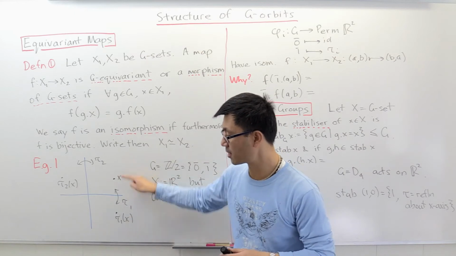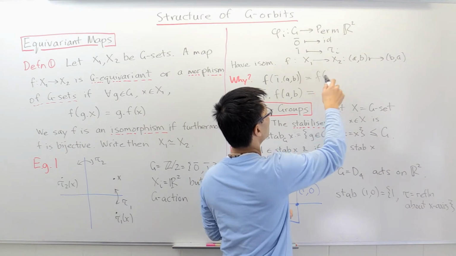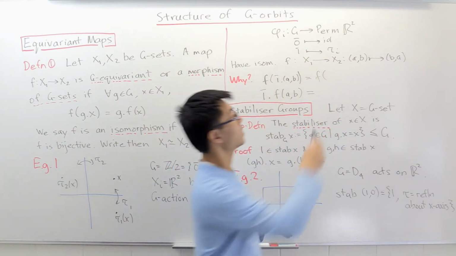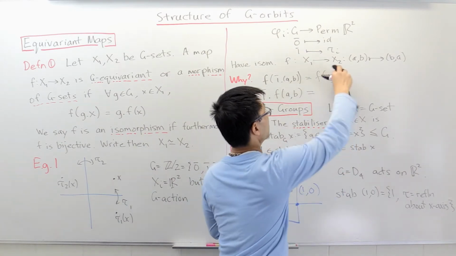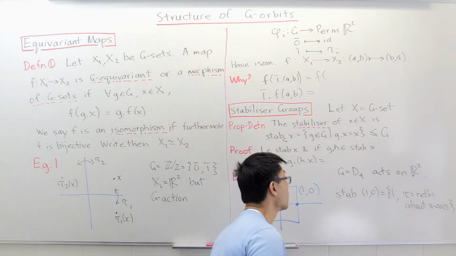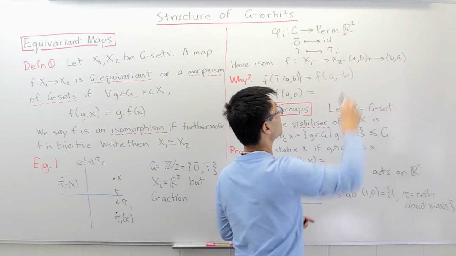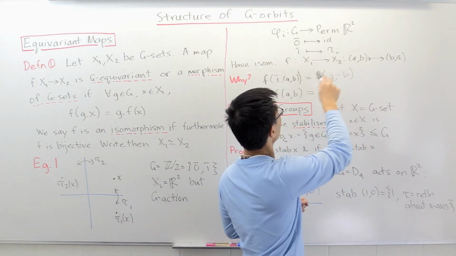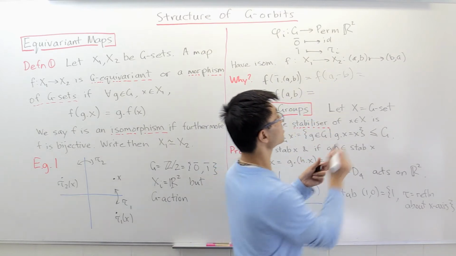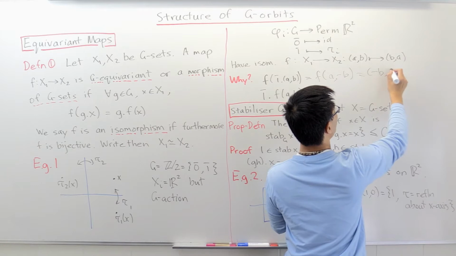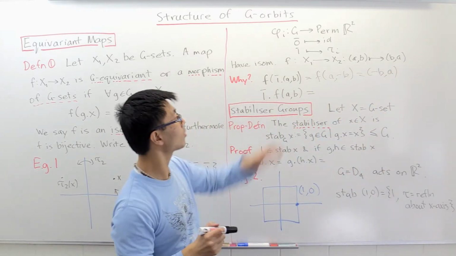So (a, b) becomes (a, minus b). Now you work out what f is: you swap these around, and you get (minus b, a).